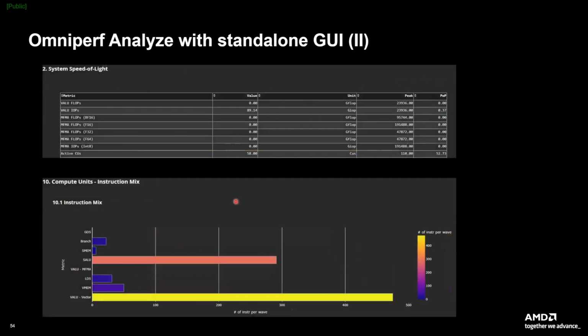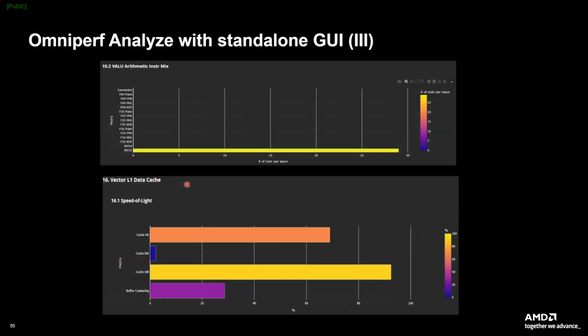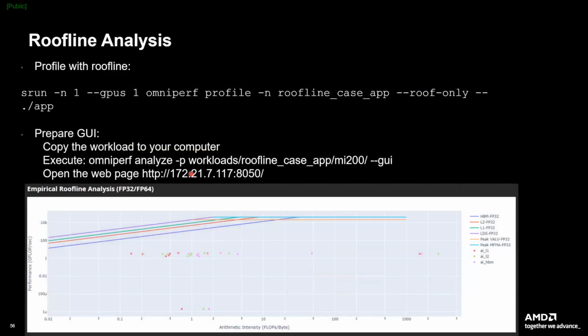And if you understand, I went back, this is number 2, number 10. We don't have numbers for all the tables, we skip some numbering, but there's a lot of data to see. And also you can see the roofline analysis. But you can also do just roofline without anything else to have less data. You miss other data though, but you can say, okay, execute and name my workload this, and do roof only.